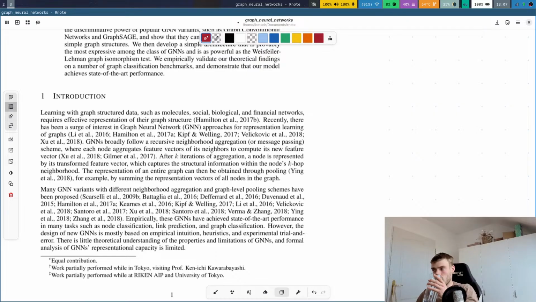So this is the reference. Nodes passing messages to other nodes that are in the neighborhood of the node. So here we have the concept of message passing.